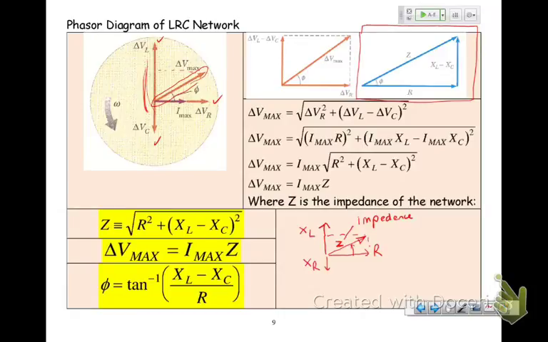And what causes this? What causes this is the relative size of XL versus the relative size of XR.